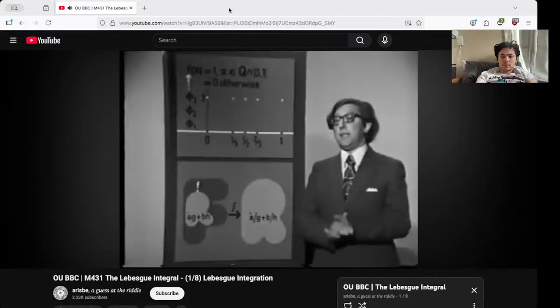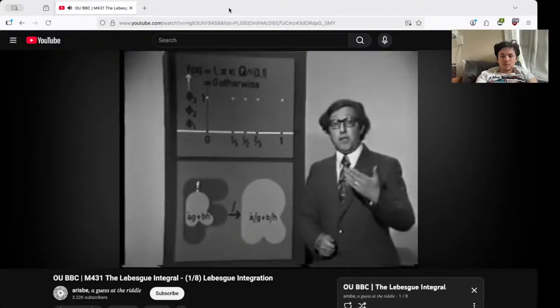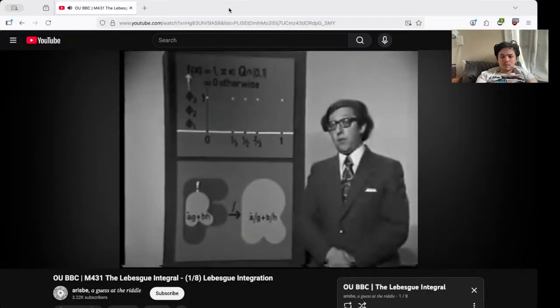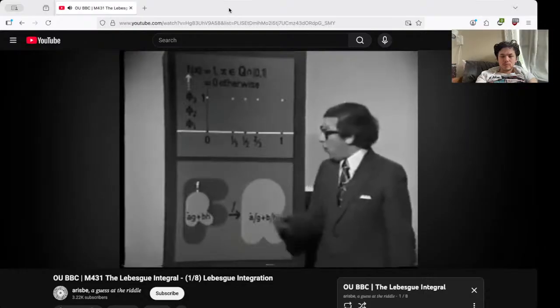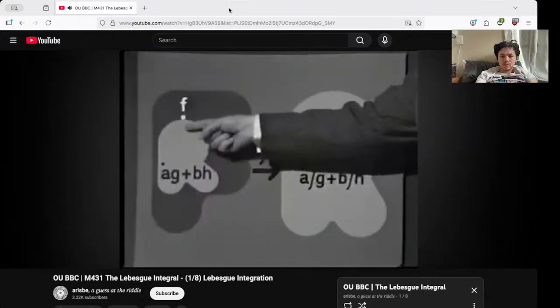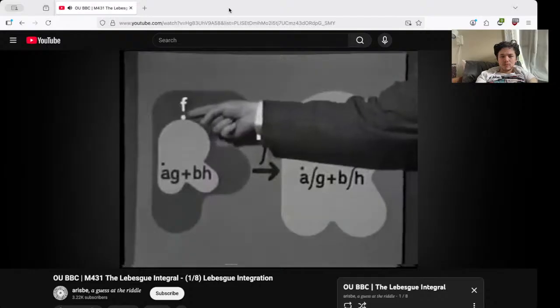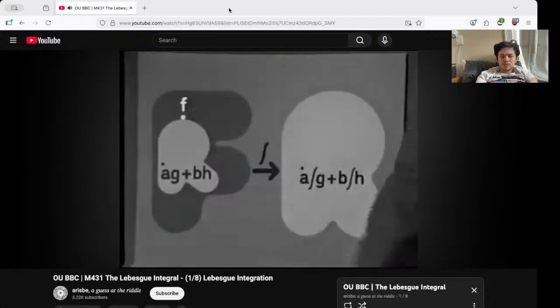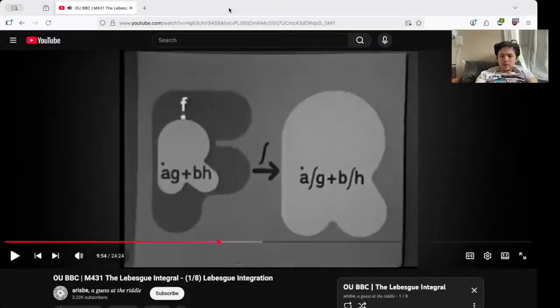Well, if there were any justice in the world, this function, this limit f, would have an integral and its value would be 0. So what's gone wrong? Why do we have this function f which doesn't have an integral? Well, in order to summarize this, Ian's going to look at what's gone wrong in another diagram. This is a very clever diagram.